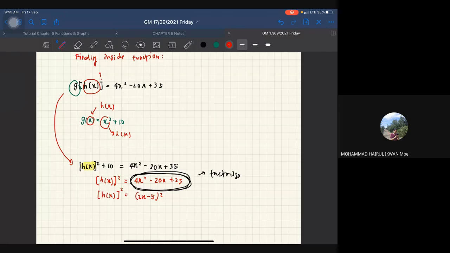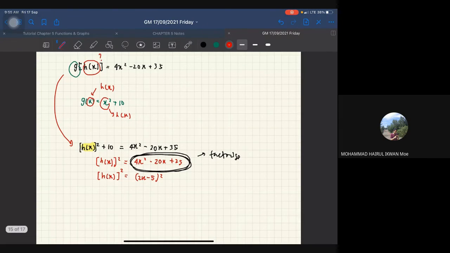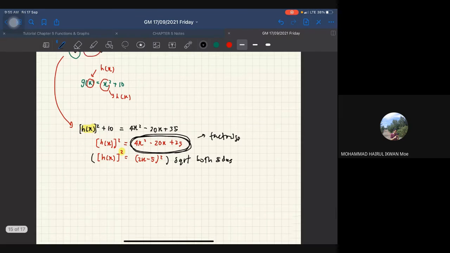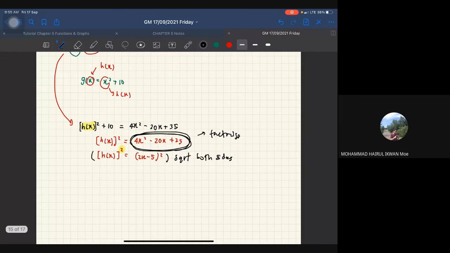This one. Okay, so sekarang untuk hilangkan kita punya square, this one, kita akan square rootkan both sides. So we square root both sides. Okay, so yang belah kiri dia akan tinggal dengan just hx. Okay, yang belah kanan, so cuba awak ingat balik dulu masa kita belajar dekat absolute values.